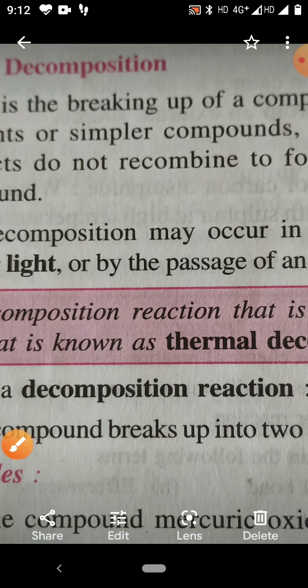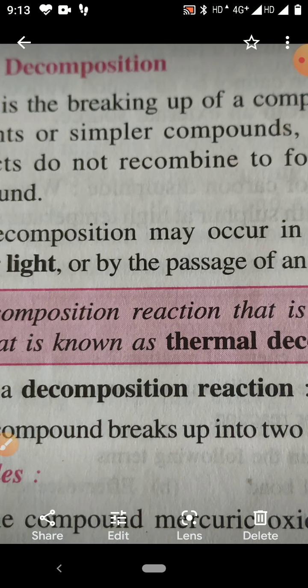Third one is decomposition by light. So that is photolytic decomposition or photochemical reaction. In the photochemical reaction, the decomposition reaction occurs due to energy of sunlight, or a decomposition reaction which occurs in the presence of light.